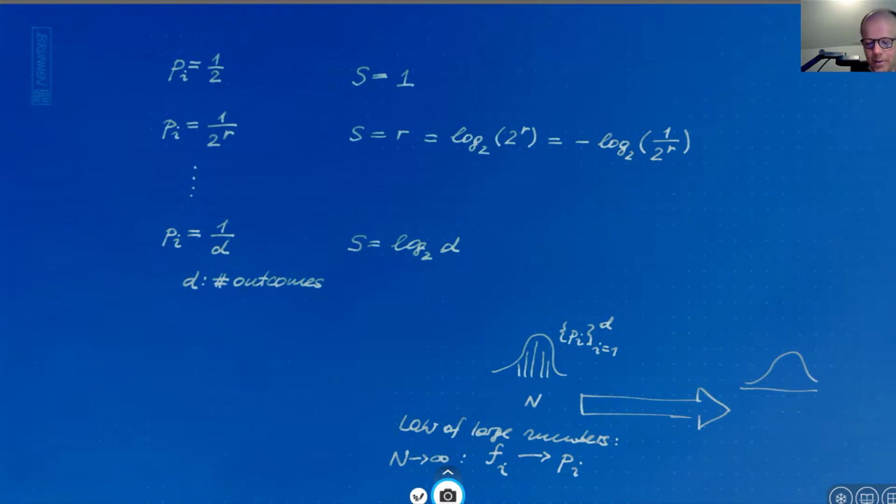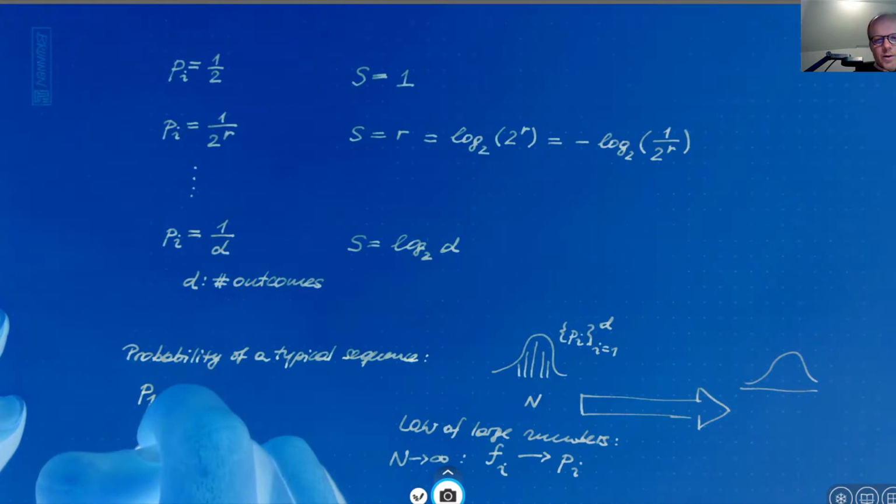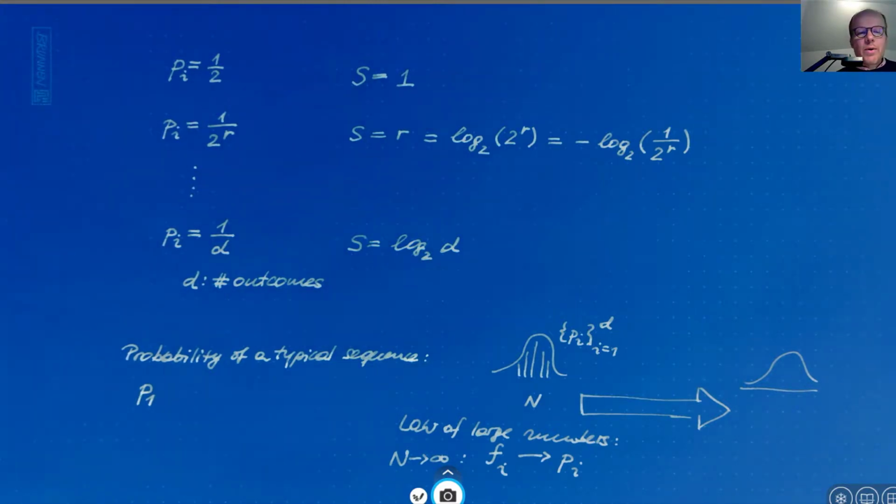A specific typical sequence has the probability, well, the outcome 1 occurs with probability P1, and the outcome 1 occurs in the typical sequence, when you perform the experiment n times, n times P1 times.